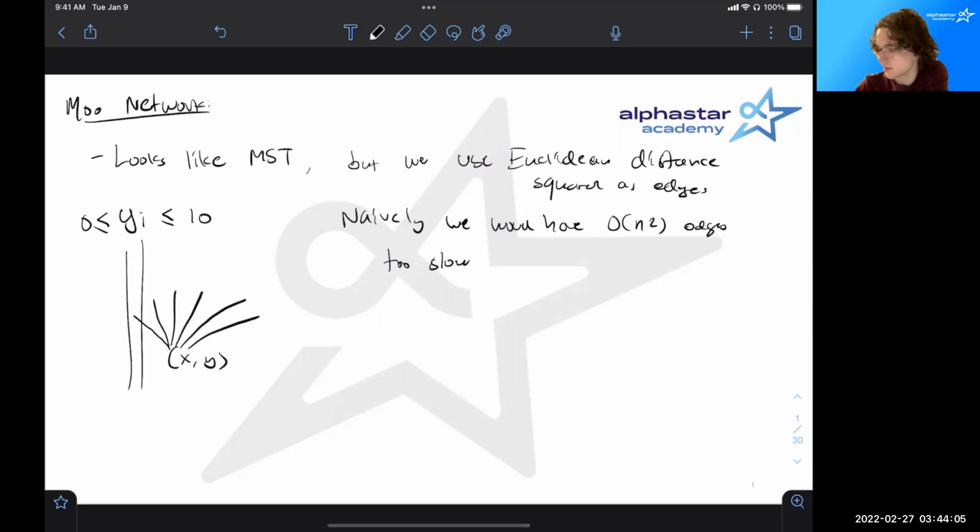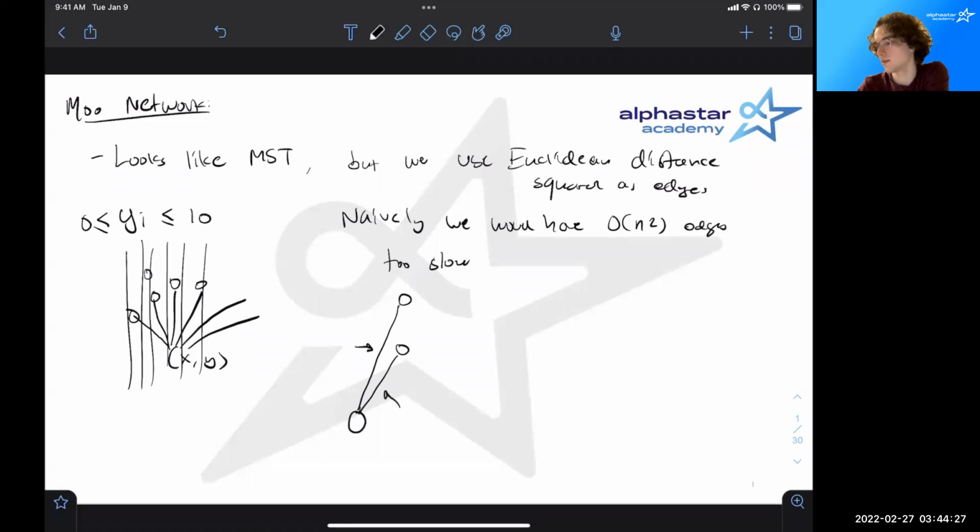So if there's a cow here, cow here, cow here, cow here, cow here. Because you never want, if there's 2 cows in the same column, on the same y coordinate, you wouldn't want to, if you took this edge, you could exchange it for this edge in the MST.